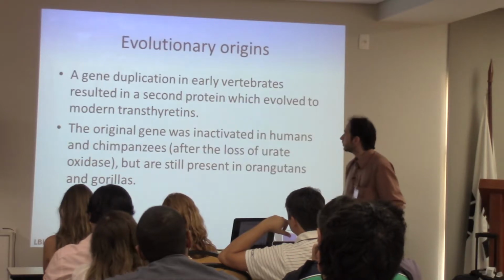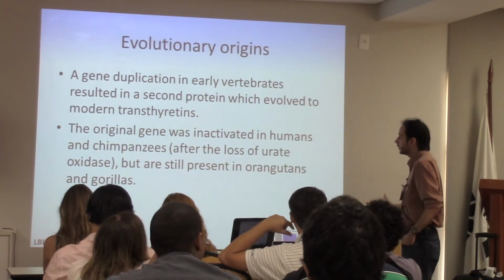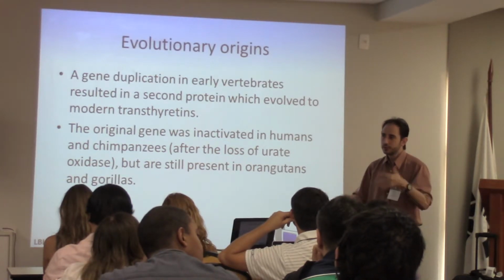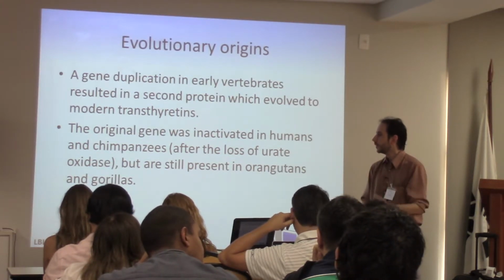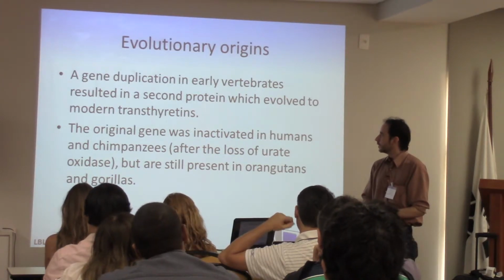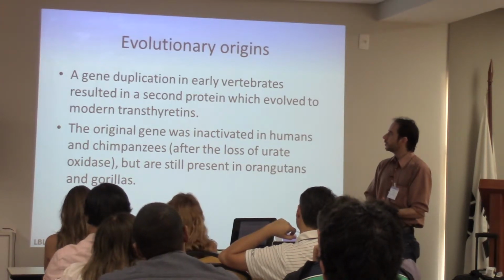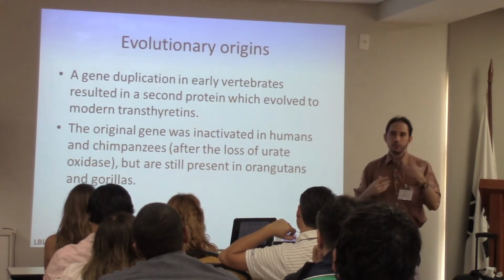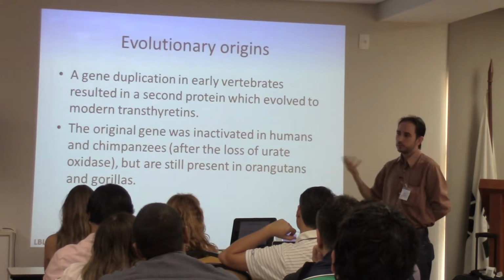As for the evolutionary origins, there was this gene that is quite old, as I said. It's older than the separation between prokaryotes and eukaryotes. There was a gene duplication in early vertebrates which resulted in a second protein, and that's what evolved into modern transthyretins, the ones we have today.